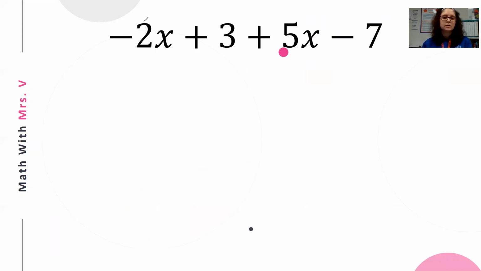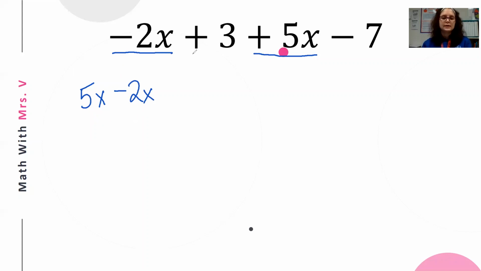The first part I want to pull out is that I have terms with x's. I have a negative 2x and I have a positive 5x. I'm going to rewrite them together. And to make things easier on myself, I like to list the positives first. So 5x minus 2x. This will make things easier later on.